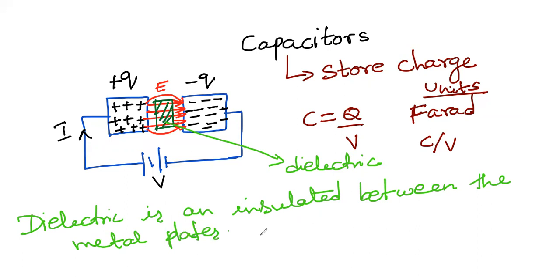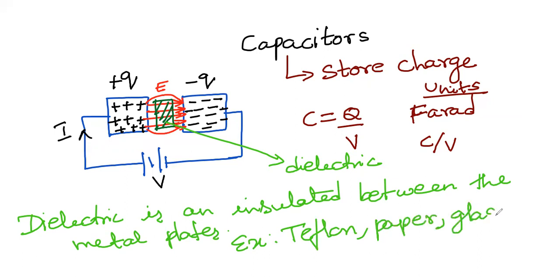So this is an insulator, for example Teflon, paper, glass, paraffin wax, etc. You can see that Teflon is a different material compared to paper, and paper is different from glass.